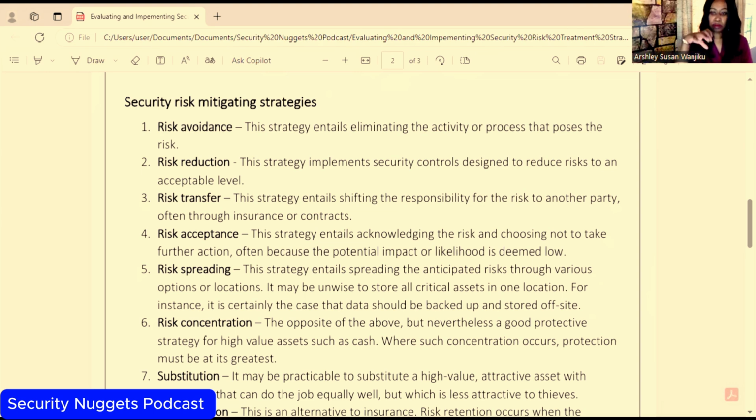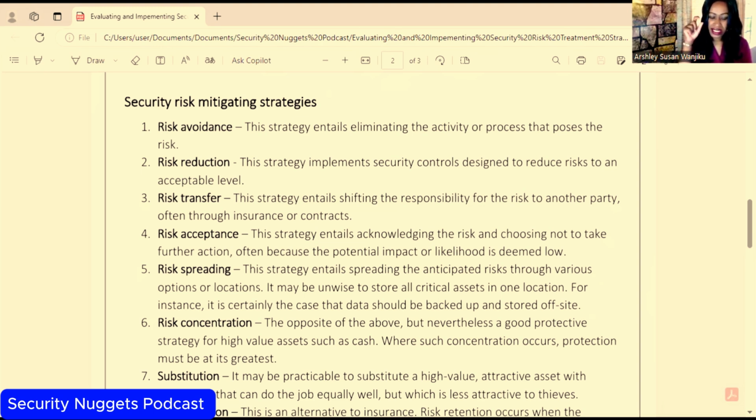We implement them with the goal that those controls are going to reduce the risk to a very low degree that's acceptable to the organization. So we take that risk reduction approach.